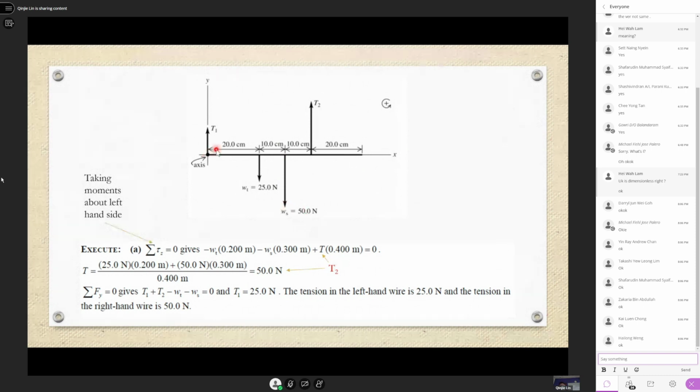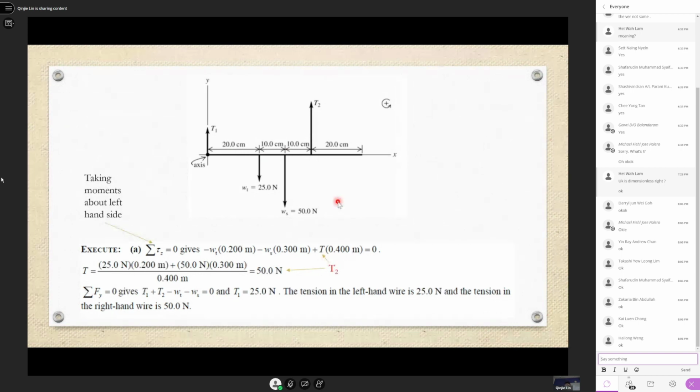You have the 2 wires pulling it outwards, that's why you have T1 and T2. You have another force pointing downwards. This comes from the small tool, the 25 Newton small tool. Of course, draw it at the right location. It's in between these 2 wires, so it's 20 here and then 20 here. So in total, you have these 4 forces.